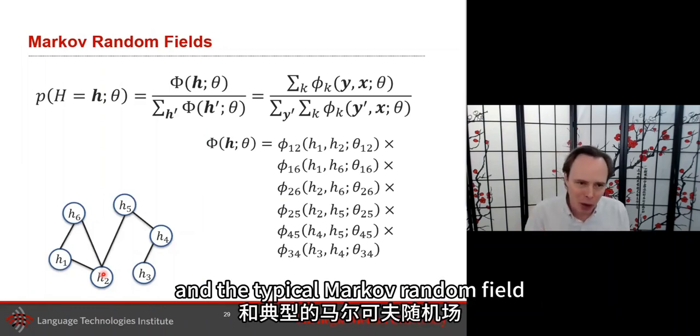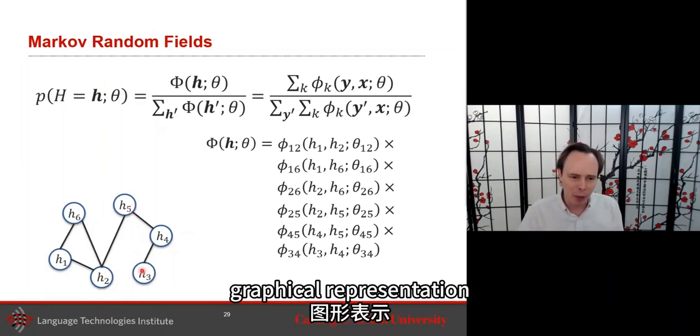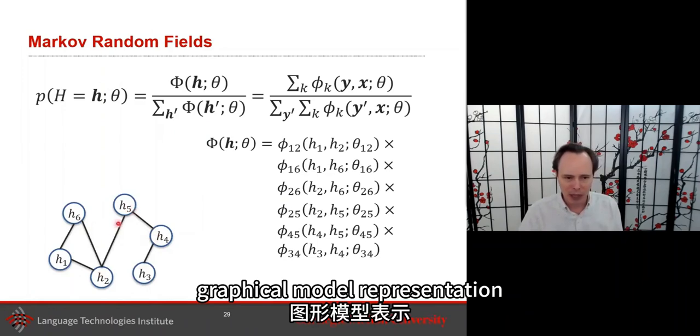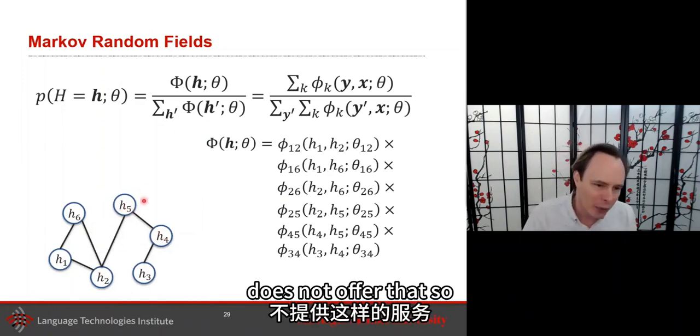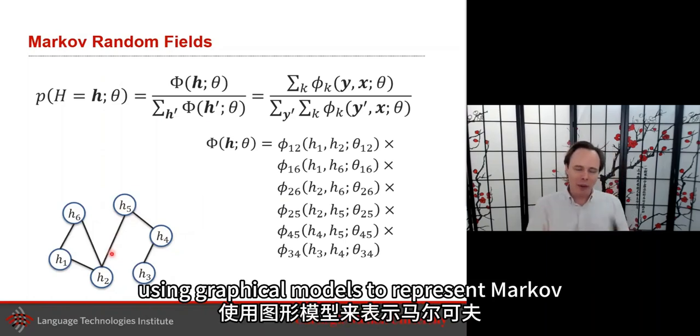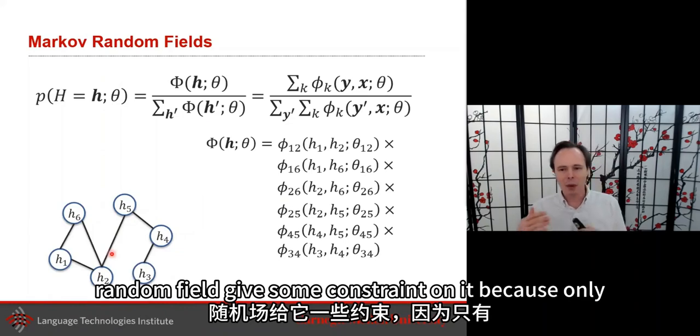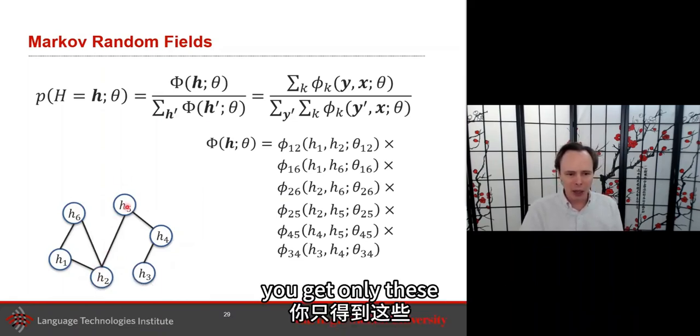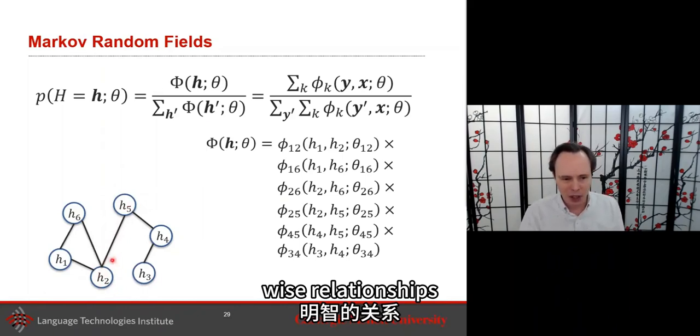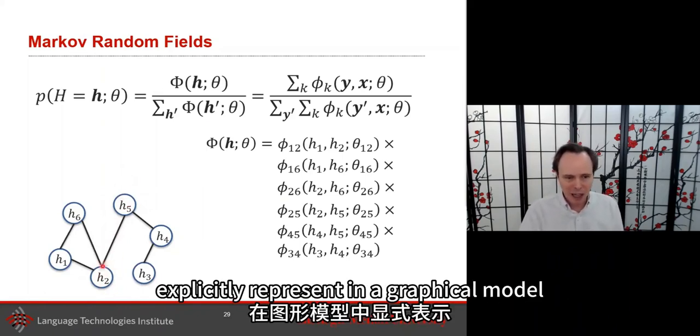And the typical Markov random field graphical model representation does not offer that. So using graphical models to represent a Markov random field gives some constraint, because you get only these pairwise relationships explicitly represented in a graphical model.